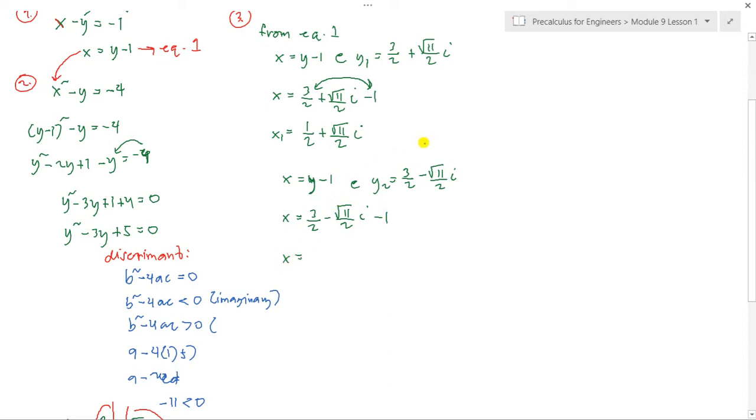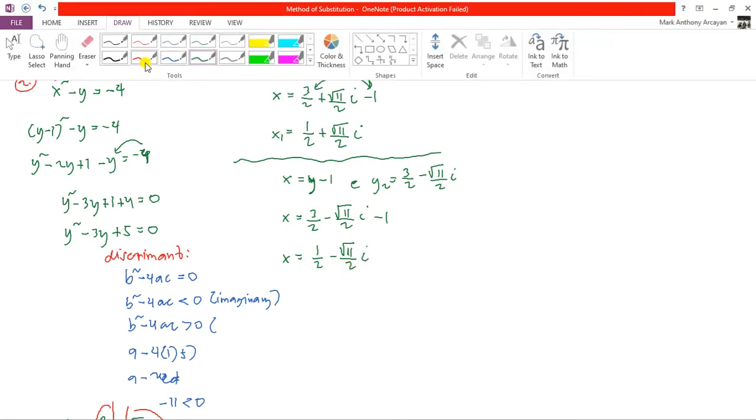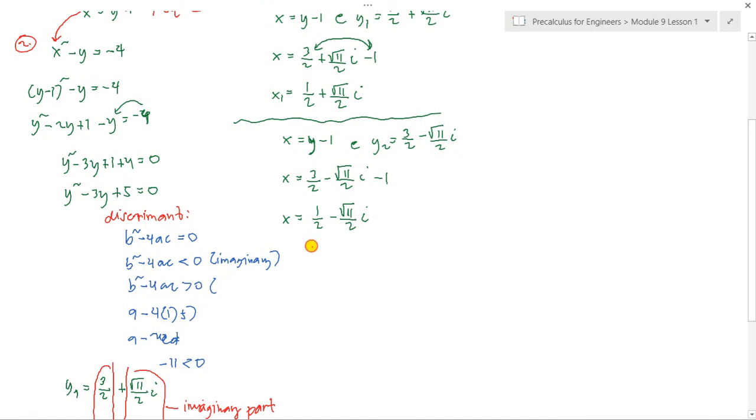Again, combine the real numbers alone and the imaginary for imaginary. So 3 halves minus 1 is 1 half, so x is 1 half minus square root of 11 over 2i. Therefore, our solution indicates that we now have a complex solution.